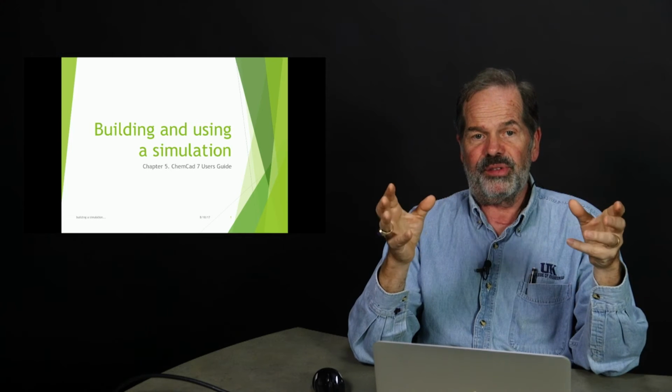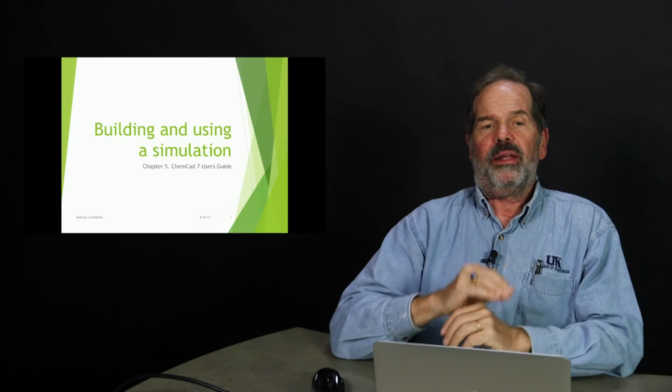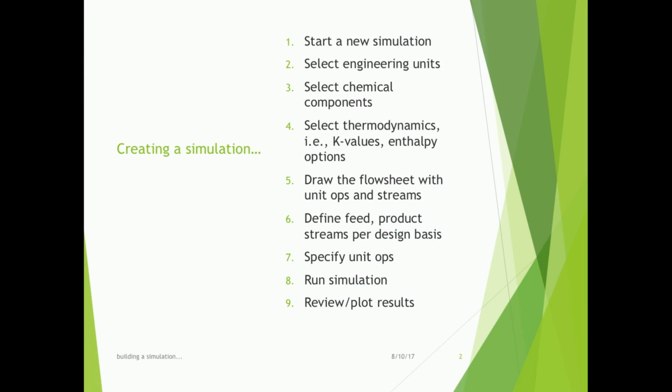But I thought it would be useful first to just show where we're going in this discussion. What we're going to do is go through the steps that you will have to use to start a simulation in KEMCAD. So the first thing we would like you to do is to open a file, name the file, and I'll show you exactly where that would be done on the screen.